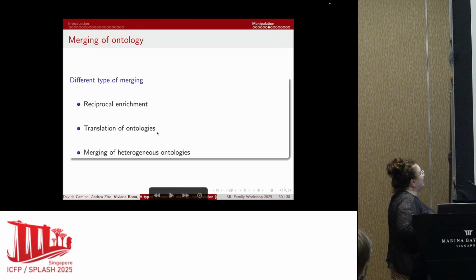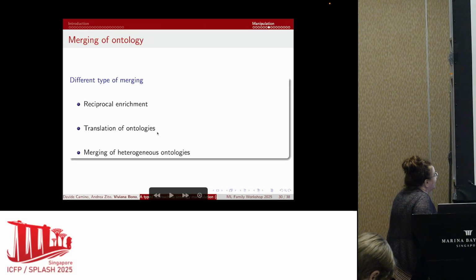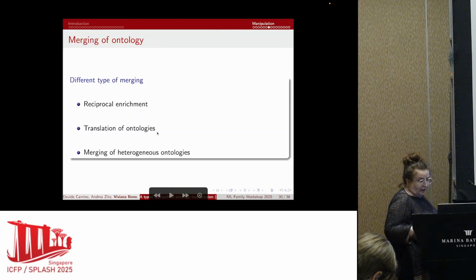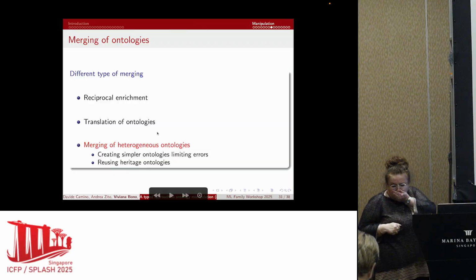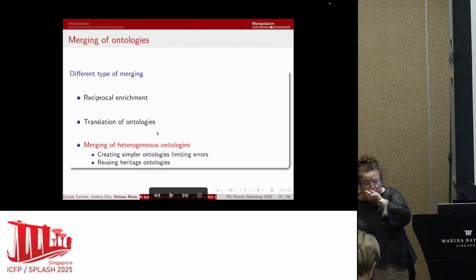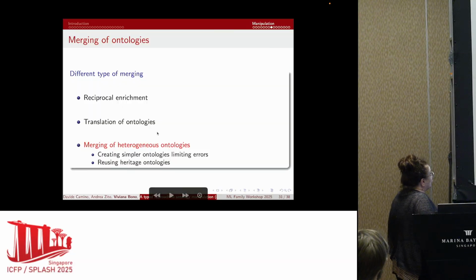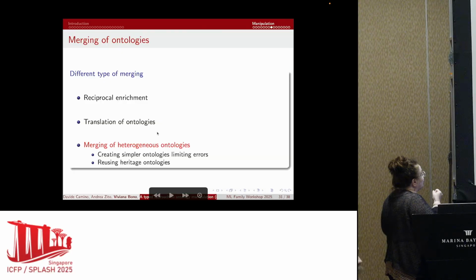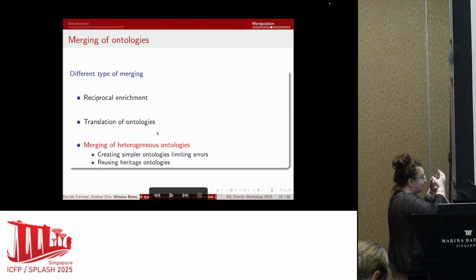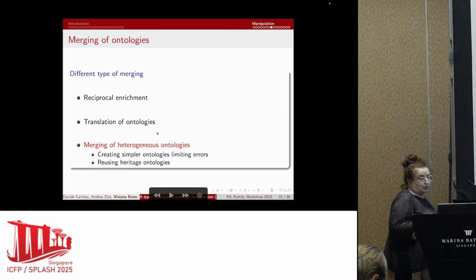Merging is really a word that means a lot of things: reciprocal enrichment, translation of ontologies, merging of heterogeneous ontologies. What we wanted to do is an example of the third interpretation, which is merging of heterogeneous ontologies. So what we wanted to show was that by using this functional language, we could have simple ontologies and create more complex ones to enrich knowledge.